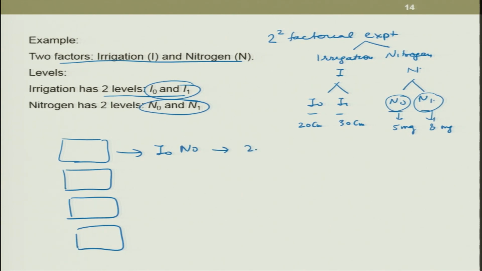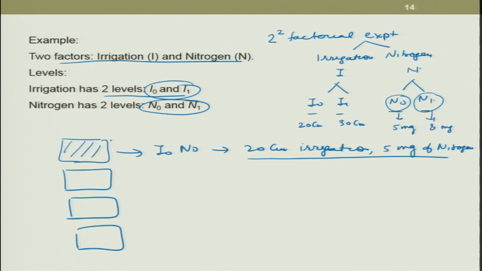This means I will try to give here 20 centimeters of irrigation, and I will give here say 5 milligram of nitrogen. Well, I must say that I do not know how to measure the nitrogen, but just for the sake of example, I am assuming 18 milligrams. So, now I give this combination to this plot, and I will try to get its outcome here as say Y1 and so on.